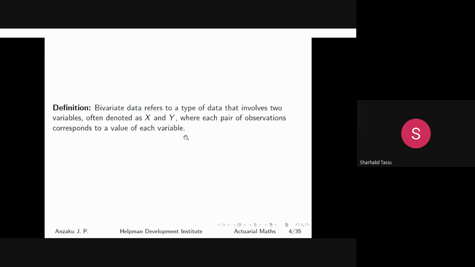So when we talk about bivariate random variables, we're actually considering a pair. But if, from the pair, we're interested in only one of the variables, then we're interested in the marginal density.